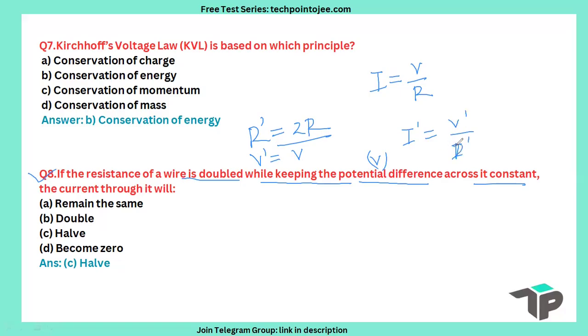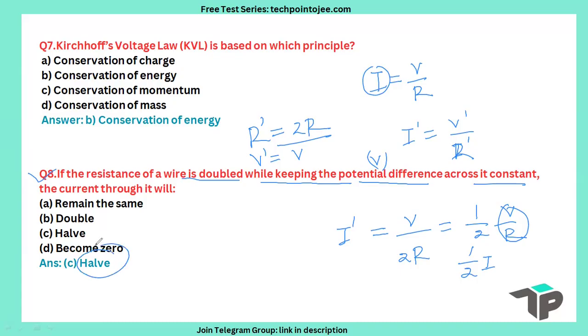V dash is V, divided by R dash which is 2 times R. So this is equal to 1 by 2 times V by R, so I dash equal to 1 by 2 into I. So the current becomes half.